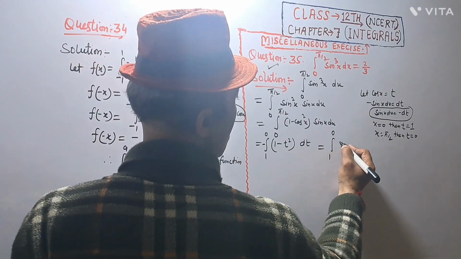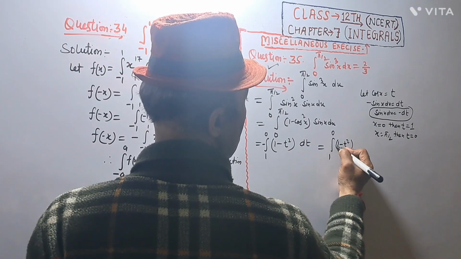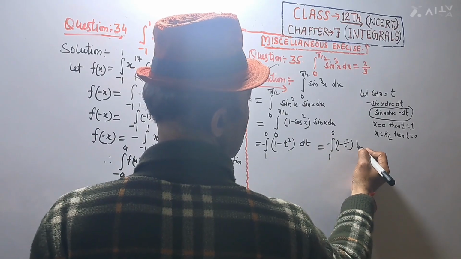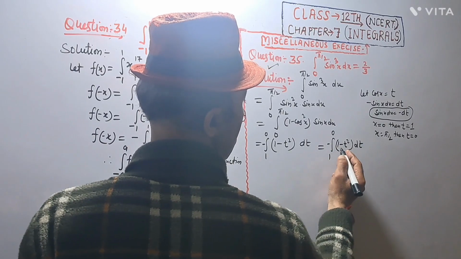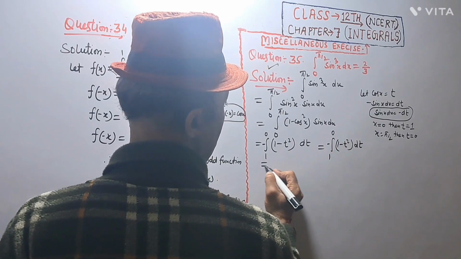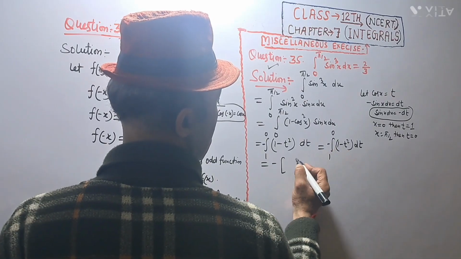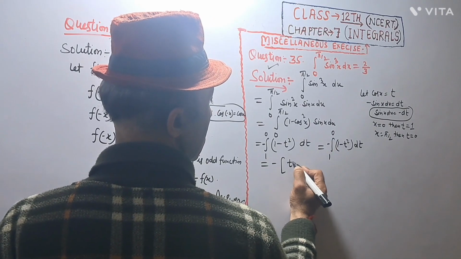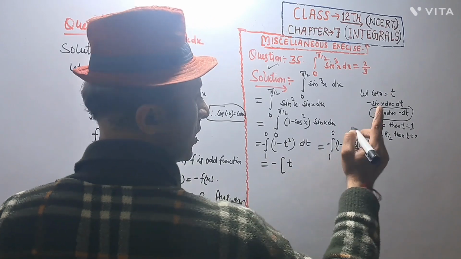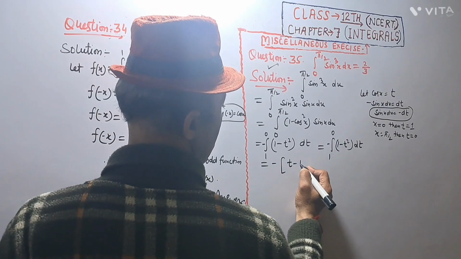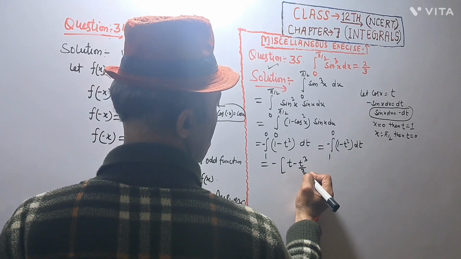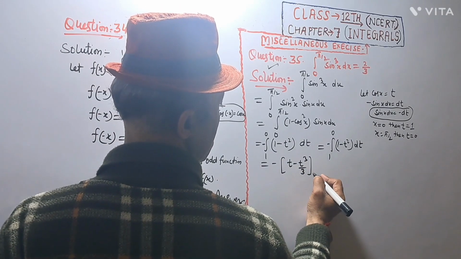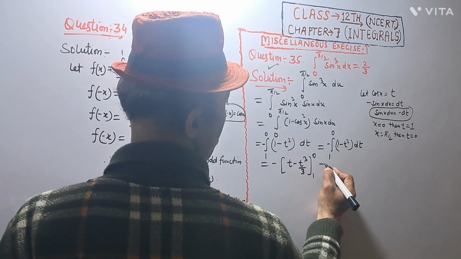Limits 1 to 0, integration of 1 minus t square dt. Integration of 1 with dt is t, and integration of t square is t raised to power 3 upon 3, with limits 1 to 0.